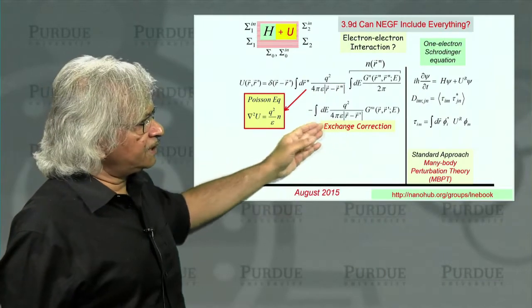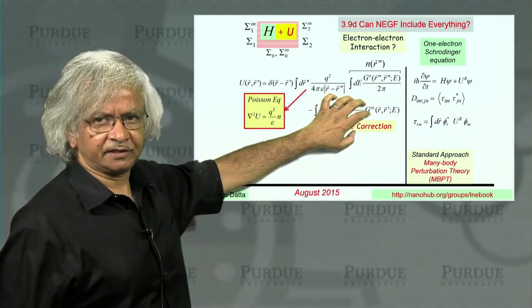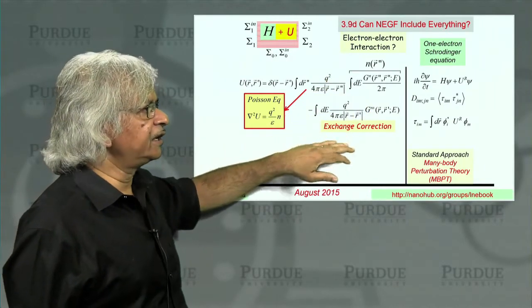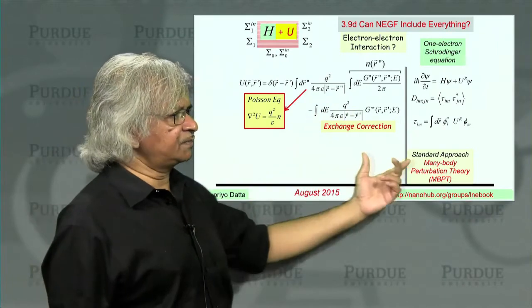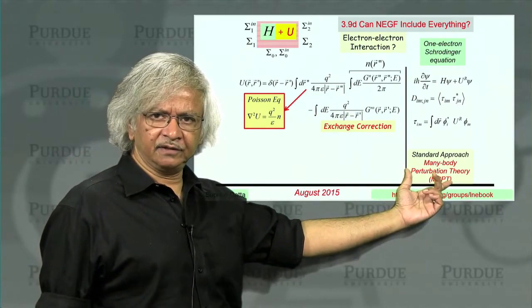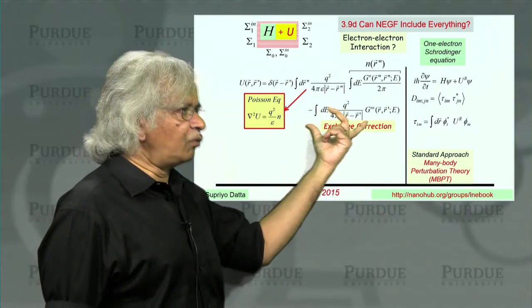So in general, people have worked hard trying to find the proper form for this correction, something that would accurately include these exchange and correlation corrections. And some of it is based on many-body perturbation theory. Some of it goes beyond that, uses other methods to estimate what this is.